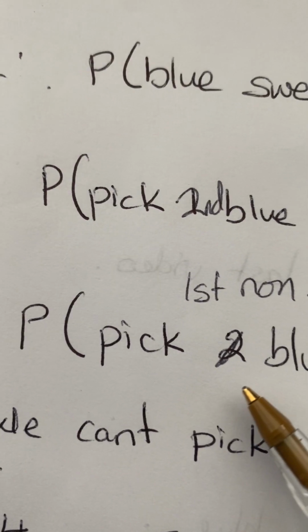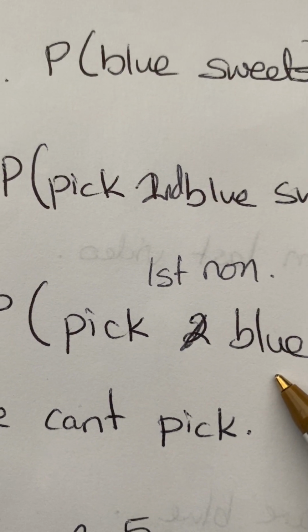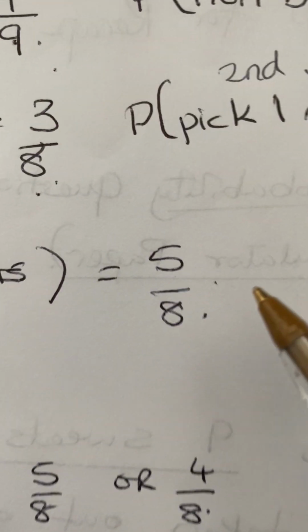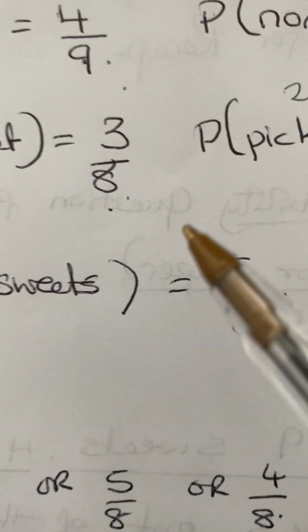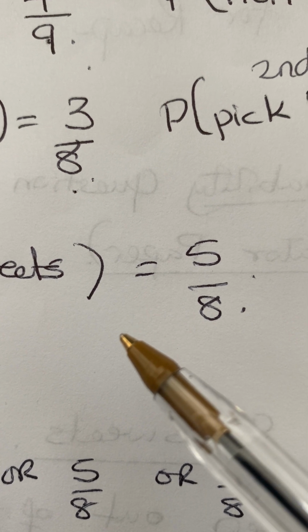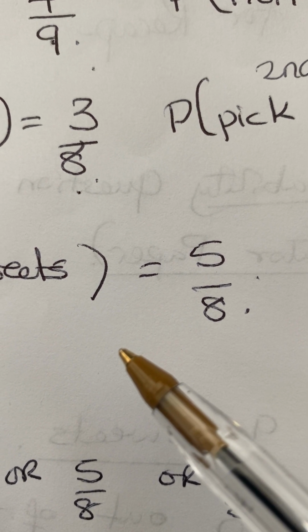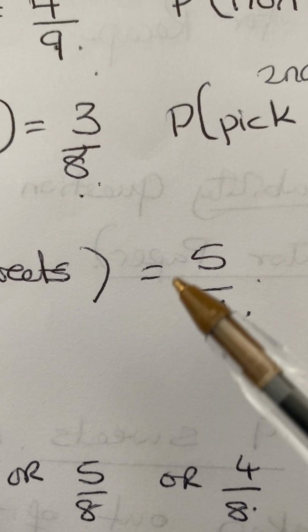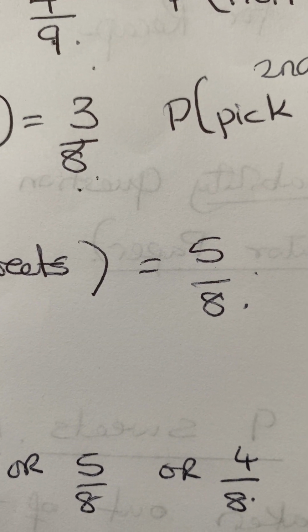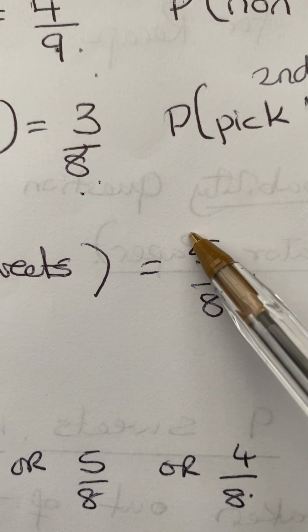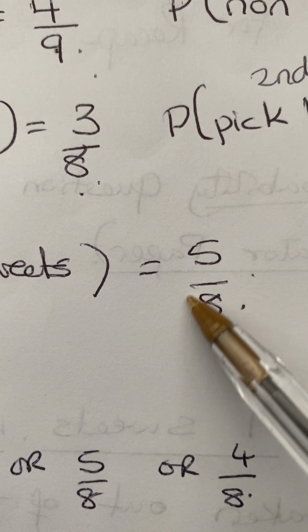Now if you pick the first one and it's a non-blue sweet, and the second one is a non-blue, it will be 4/8. And if the second one is a blue, it will be 5/8, because you still have 5 non-blue, but you've already picked the blue.